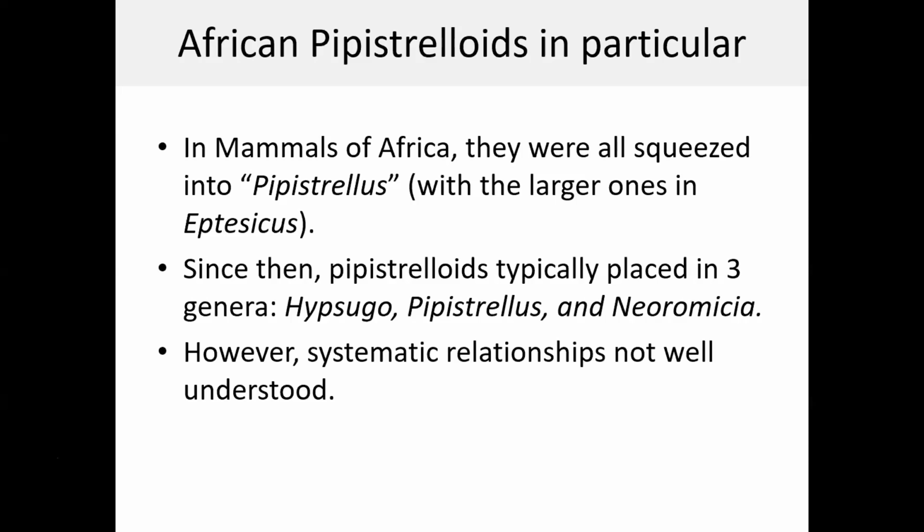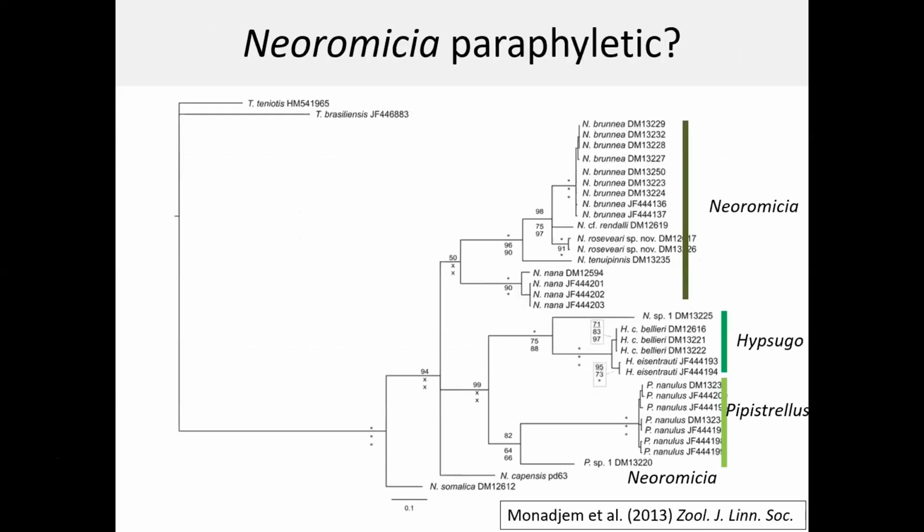But how these genera relate to each other and how they relate within themselves is really very poorly understood. And I would like to illustrate this by the work that I've done in West Africa. So I'm going to show a series of phylogenies, phylogenetic trees.